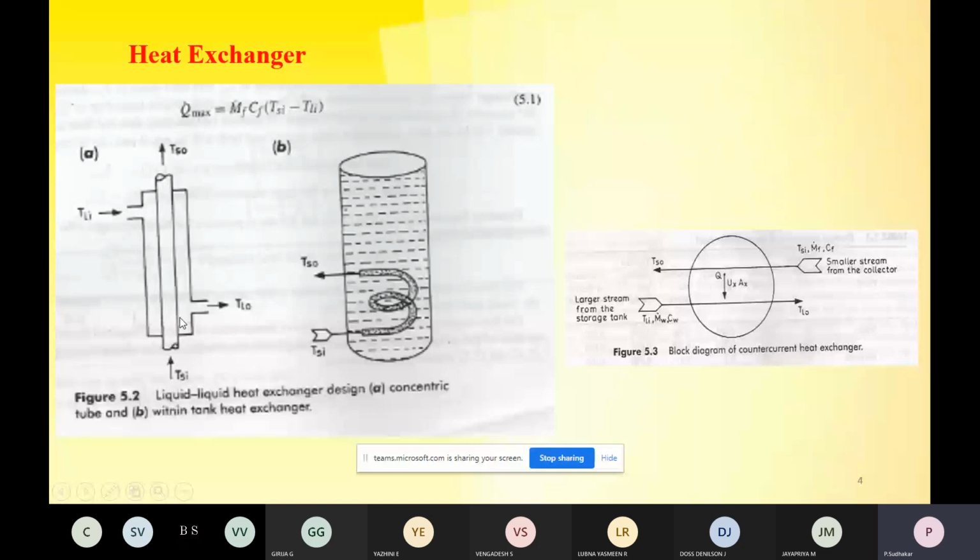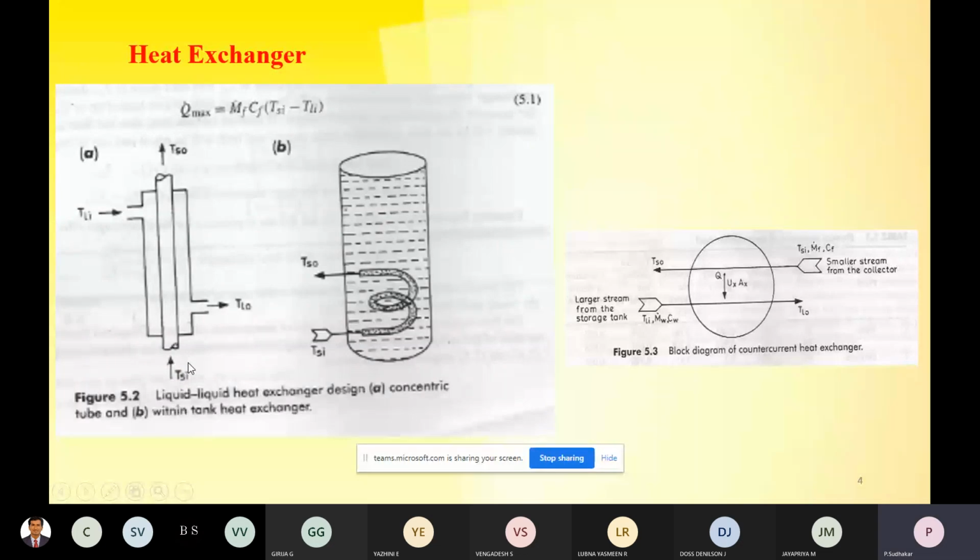This is the tube in tube heat exchanger, where this is the inner tube where heated water comes, and the load water which requires the temperature comes here, the inlet of the load, and the heat exchanges between these two fluids. This is called the small stream, and this is called the large stream.